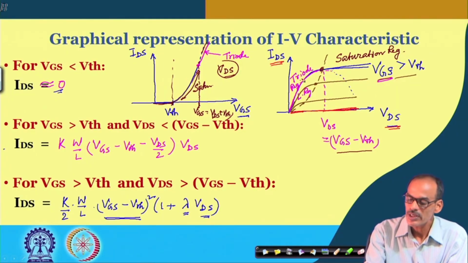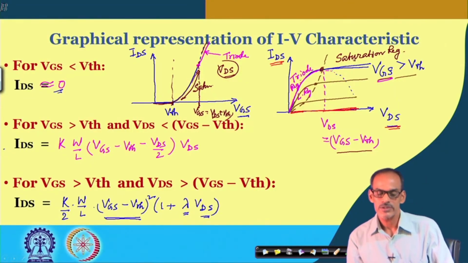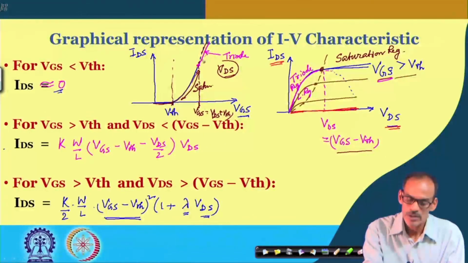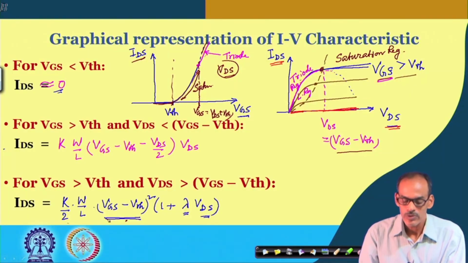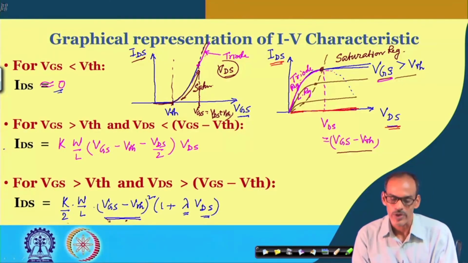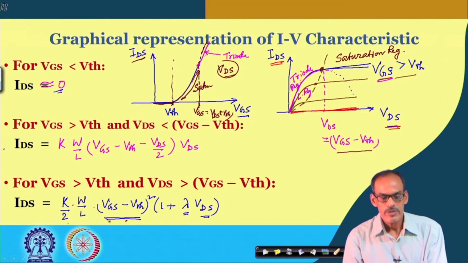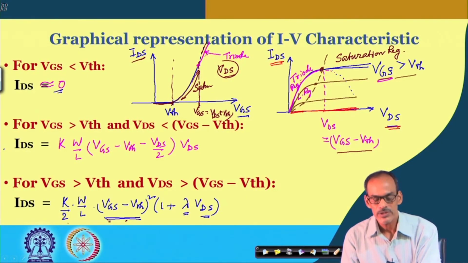So, you may say that the triode and saturation boundary is nothing but this profile, and this profile is obtained from this equation, where Ids is proportional to Vgs minus Vth square. So, that is about the graphical representation.